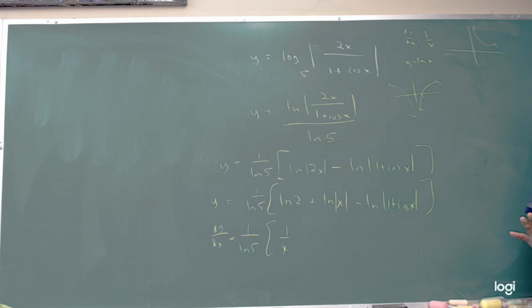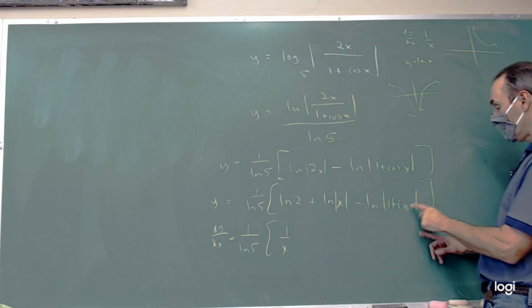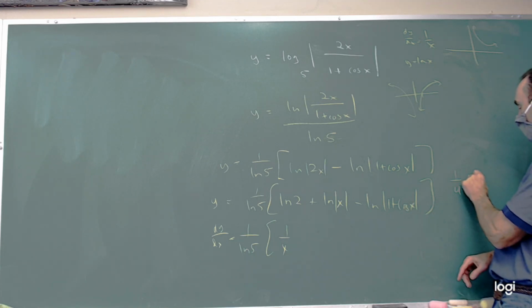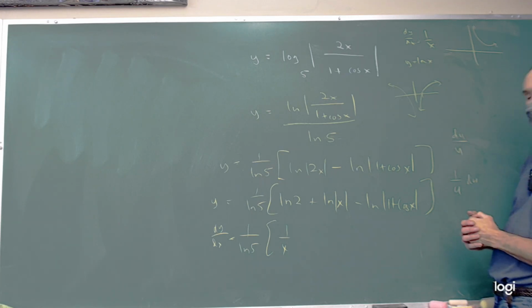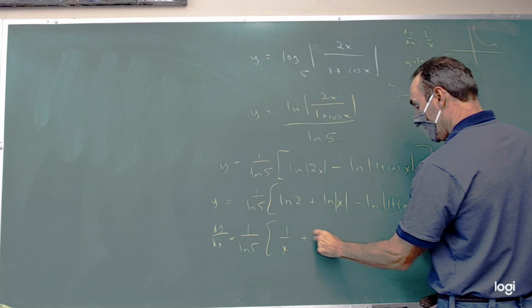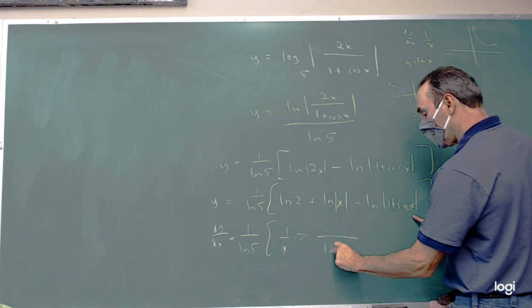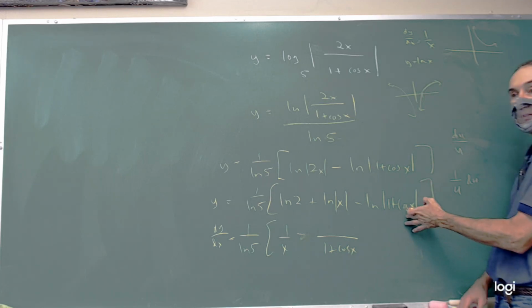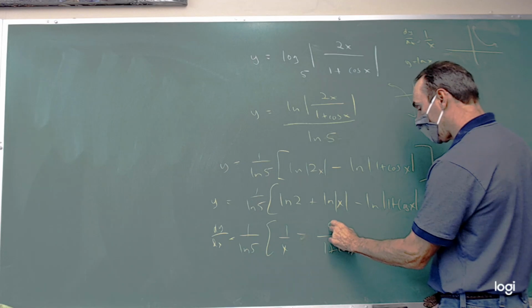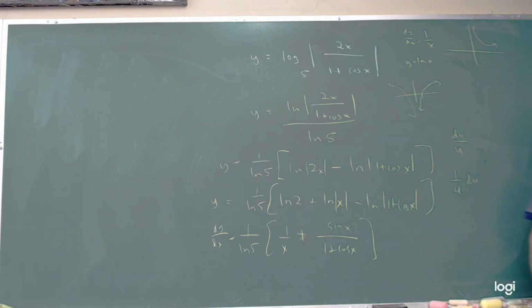Okay? And then here, now we have a chain rule derivative, which is going to be 1 over u du, or du over u, either way. It's a minus originally. 1 over u is going to be 1 over 1 plus cosine x, times du, the derivative of cosine is a negative sine, which makes that into a plus.